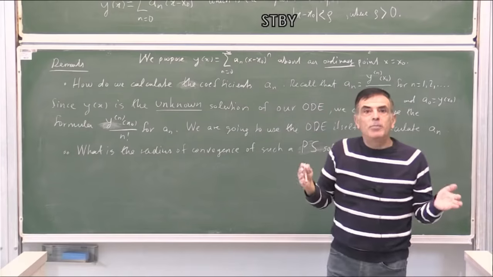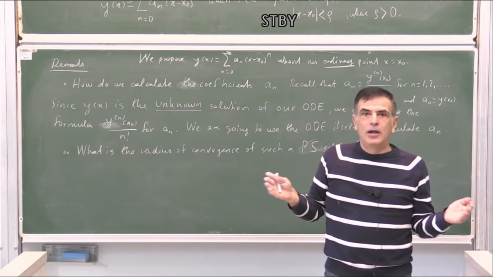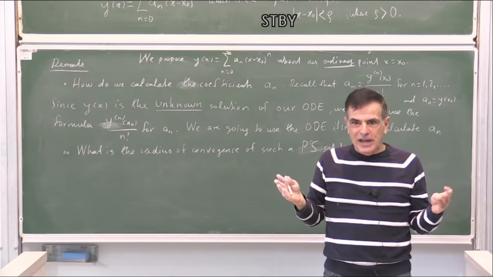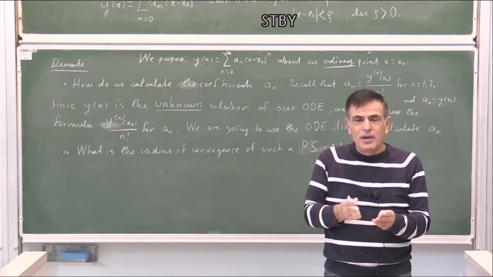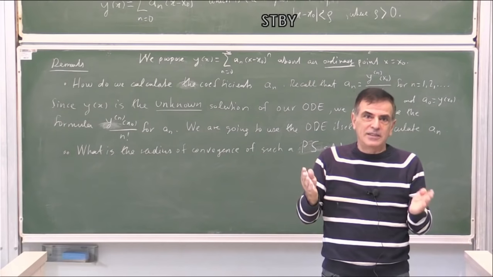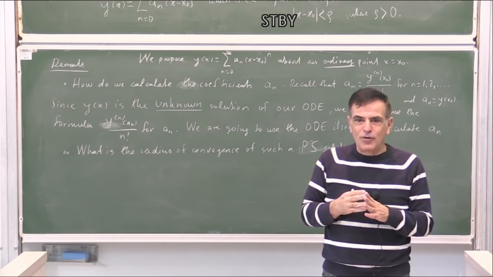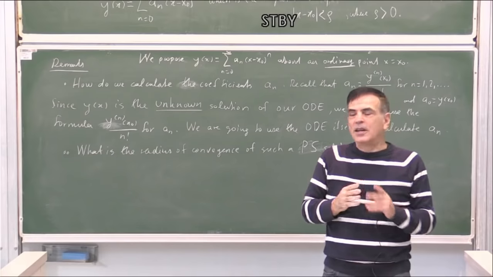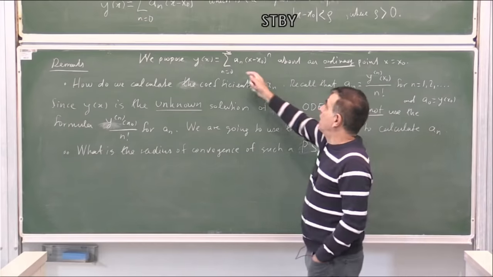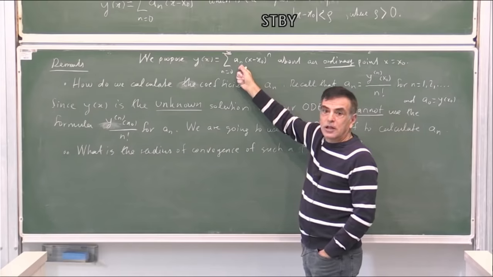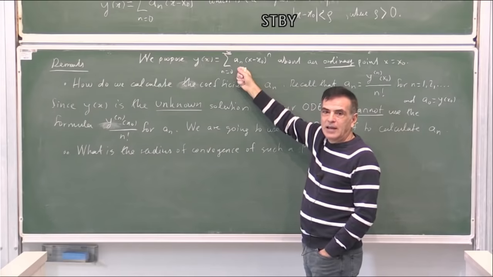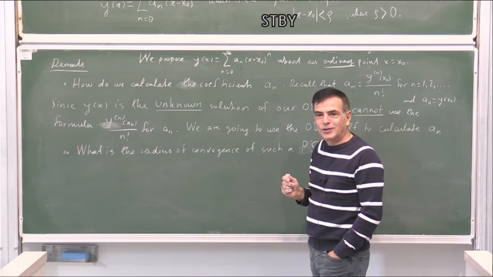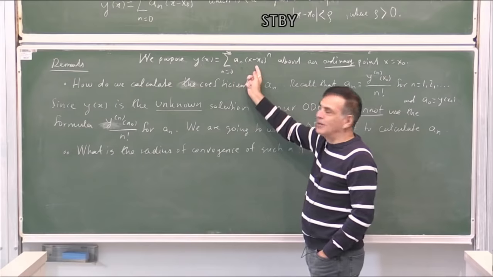Then you can apply any test known for power series, such as the ratio test or any other test, to find the radius of convergence. However, this is unnecessary, and without actually constructing this solution, without calculating an, it is possible to find the radius of convergence of the proposed power series solution.